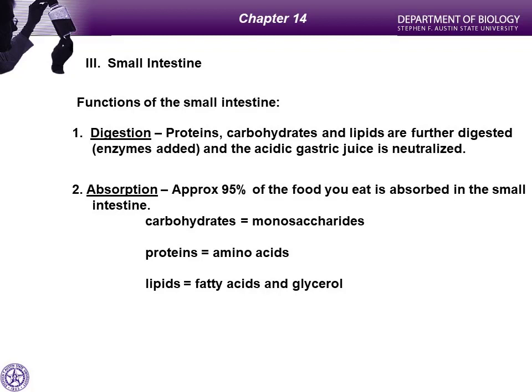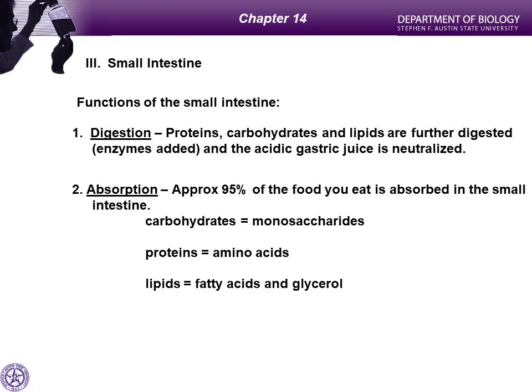So what happens is the material leaves the stomach. It passes that sphincter at the bottom of the stomach. Do you remember the name of that sphincter? It starts with a P. The pyloric sphincter. As it passes that and enters in that first part of the small intestine, the acid gets neutralized. We're going to have sodium bicarbonate producing cells that are producing a protective mucus.